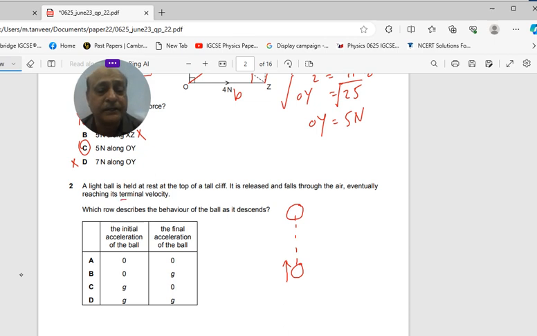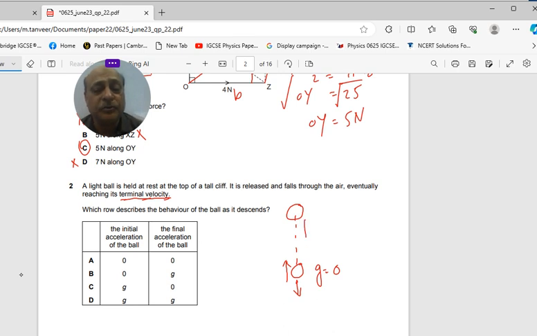When the ball reaches terminal velocity, air resistance and gravity become equal and the ball will move with uniform velocity. At this point the acceleration will be 0.